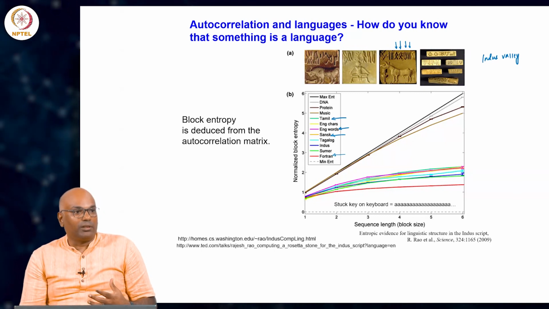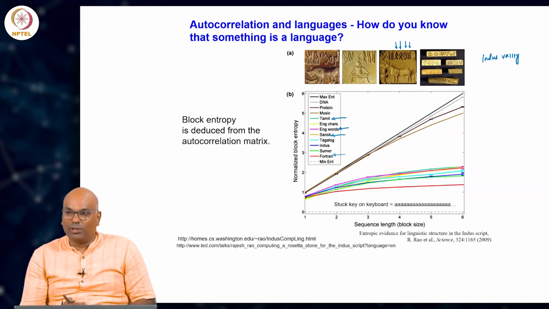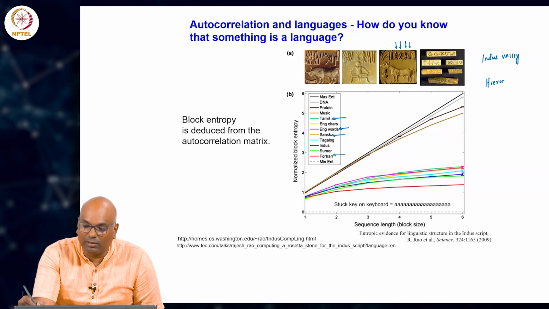So the ancient Egyptian language essentially was made up of hieroglyphics, as they call it. I hope I can even spell it.